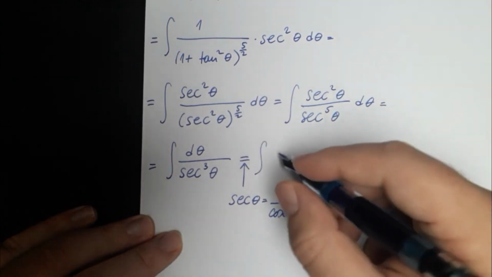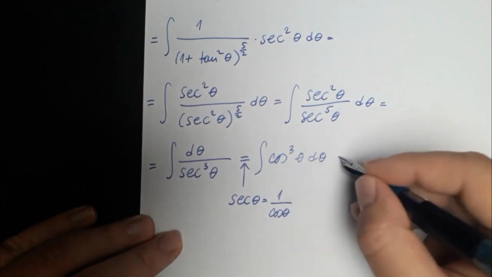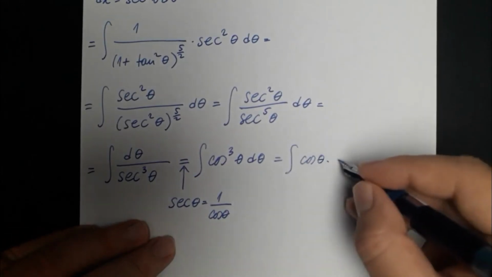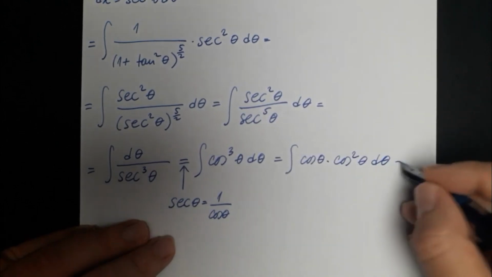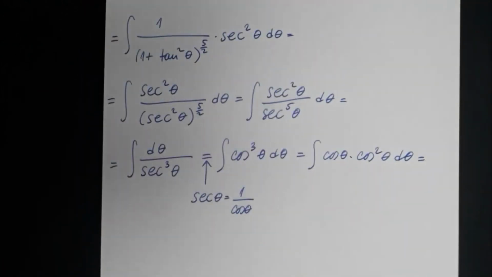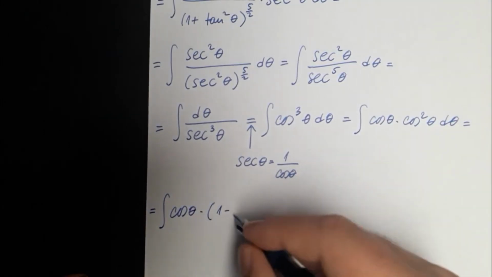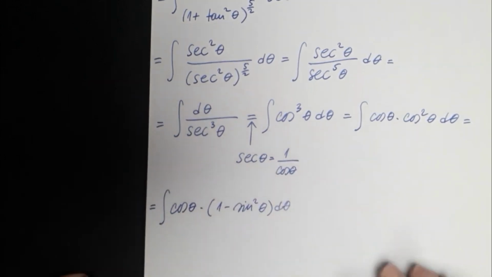This integral then becomes cosine cubed theta d theta, and this is equal to cosine theta times cosine squared theta d theta. This is then equal to integral cosine theta times 1 minus sine squared theta d theta.